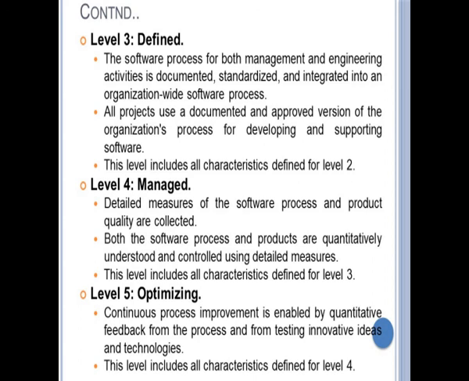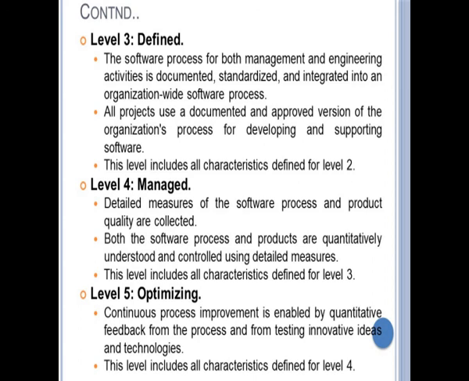Projects achieve control over the products and process by narrowing the variation in their process performance to fall within acceptable quantitative boundaries. For example, one measure could be the number of faults detected per thousand lines of code. A corresponding objective is to reduce this quantity over time.